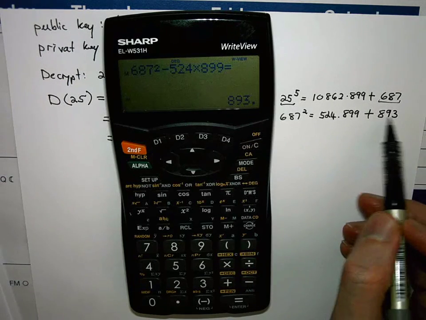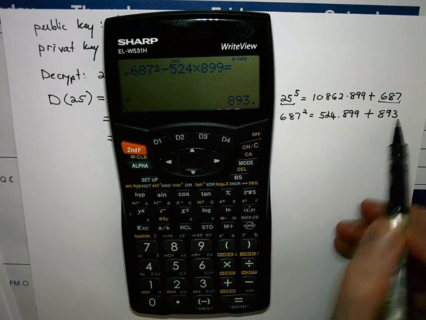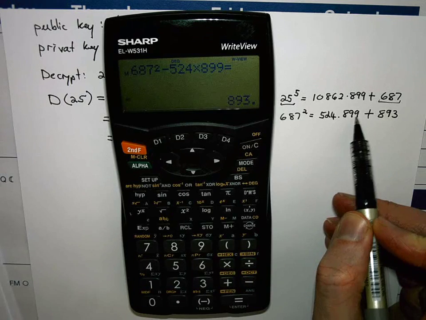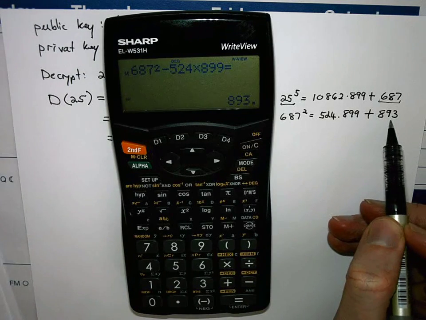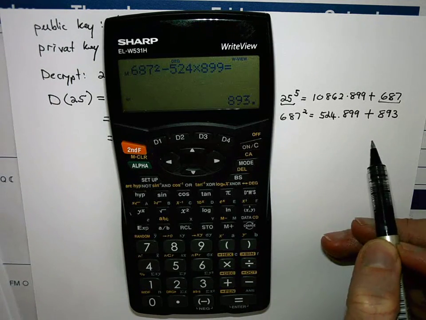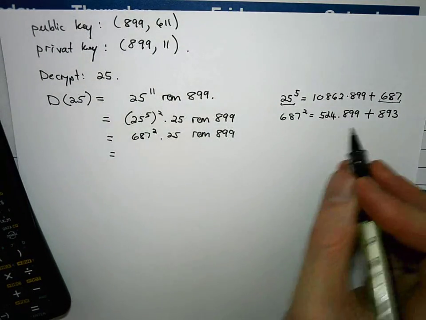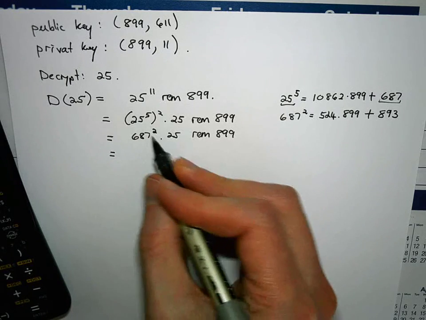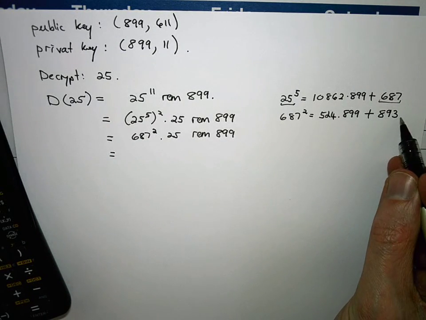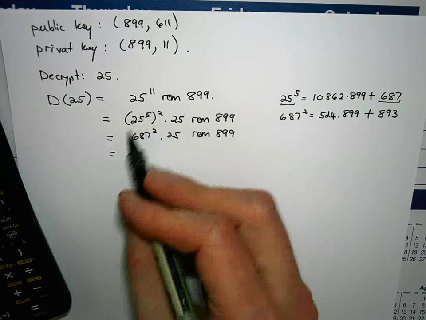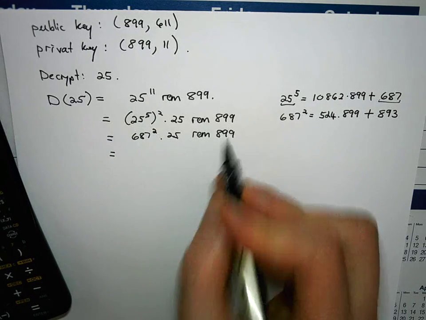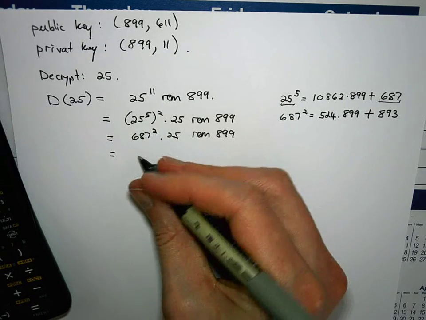And yes, 893 is non-negative and it is smaller than 899, so it seems I didn't make a mistake. This means, by the same argumentation as before, I can replace 687 squared with 893, and the result will leave the same remainder after division by 899.